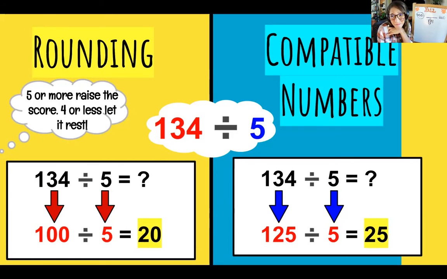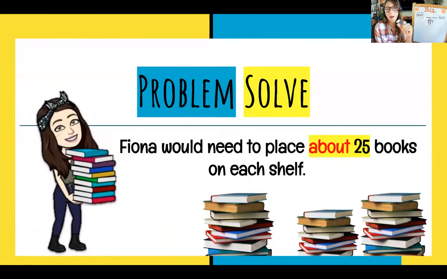That's significantly closer than my rounding method. Either I dropped it by 34 or I dropped it by 9. Using compatible numbers will give me an answer that is much closer to my actual answer. So we're going to go with the compatible numbers way and tell Fiona, thank you, Fiona, you can put about 25 books on each shelf.